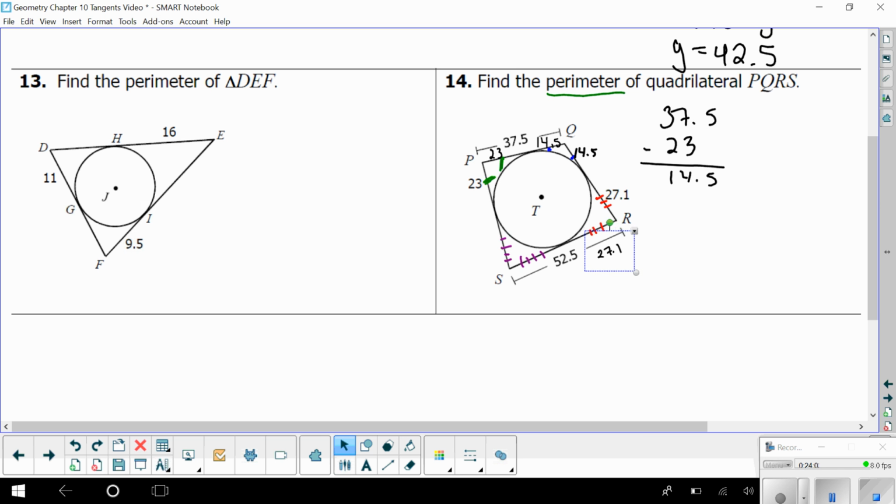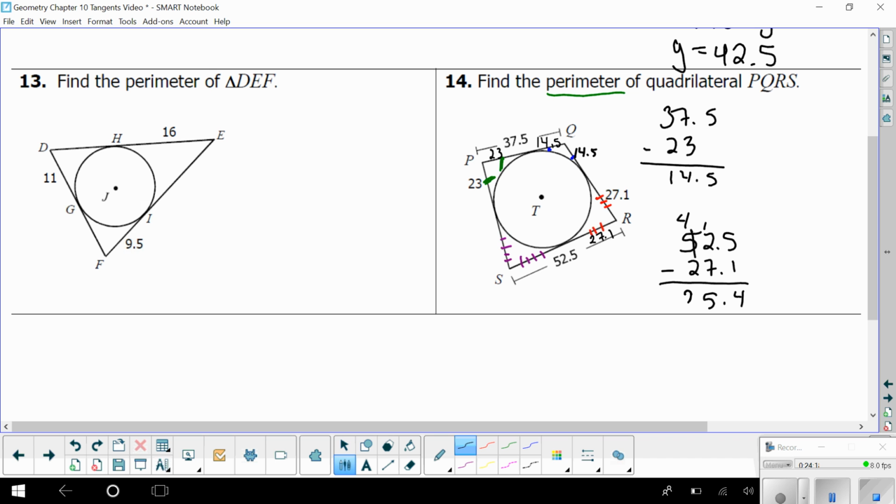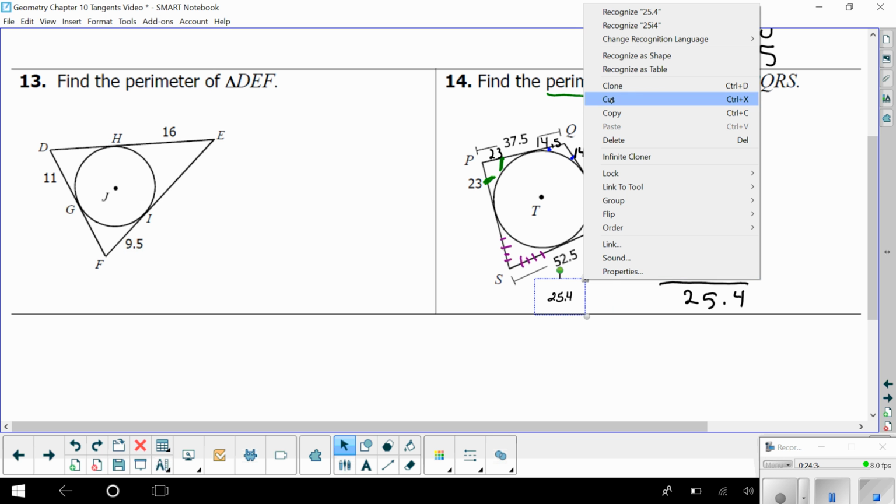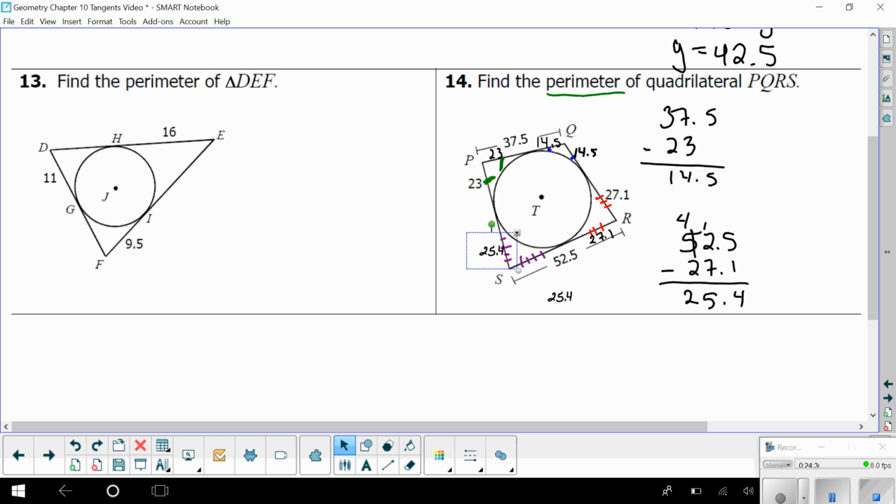You guys all know that by now. So what you have to do is 52.5 minus 27.1, which is 25.4. And I need to clone it. That's going to go there, and it's going to go there.